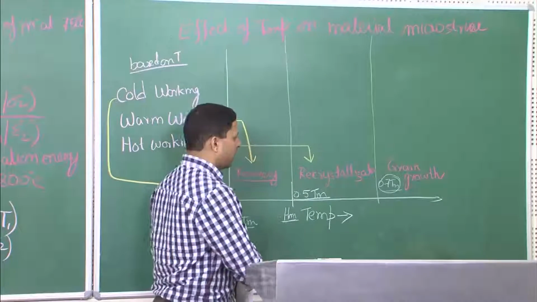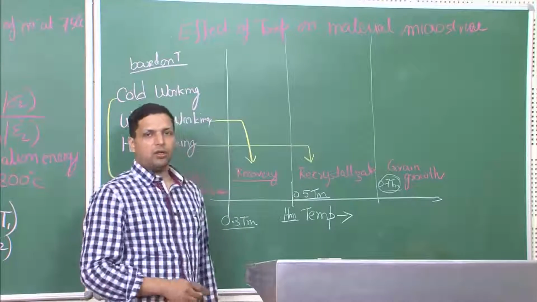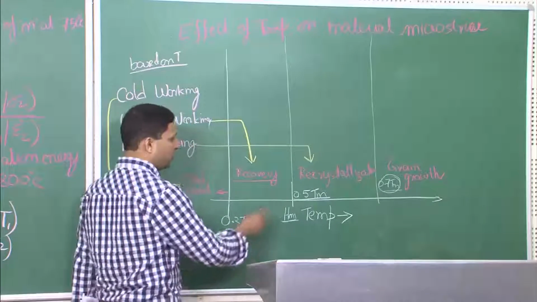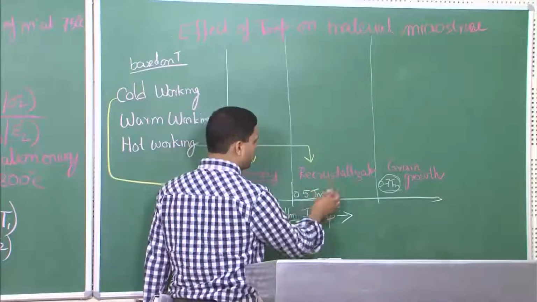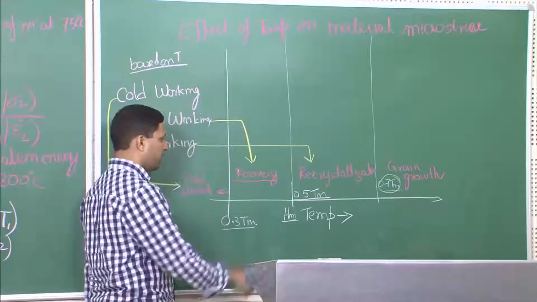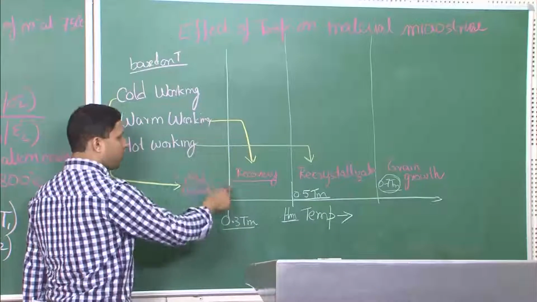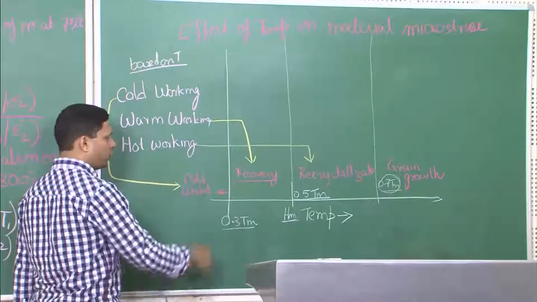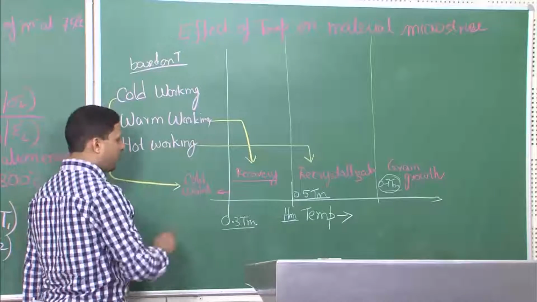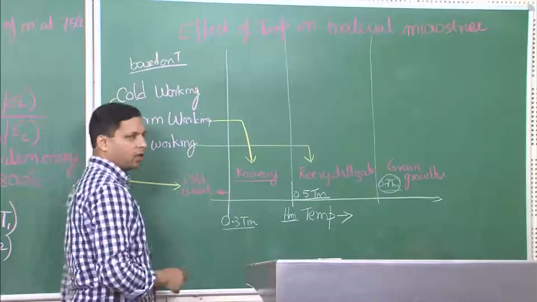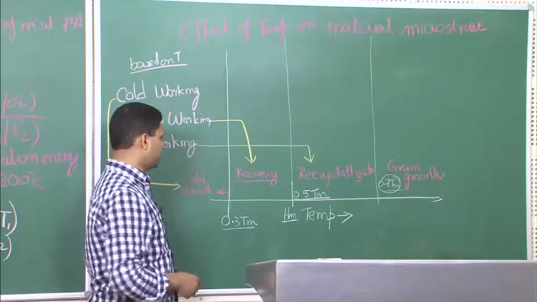So, from the point of view of deformation or metal processing, we are limited only up to this temperature region, a little bit higher than 0.5 Tm, and this is called hot working. The recovery region, where minor changes will take place, as we will show right now, is related to warm working, and the cold work region, where no changes take place, is cold working.